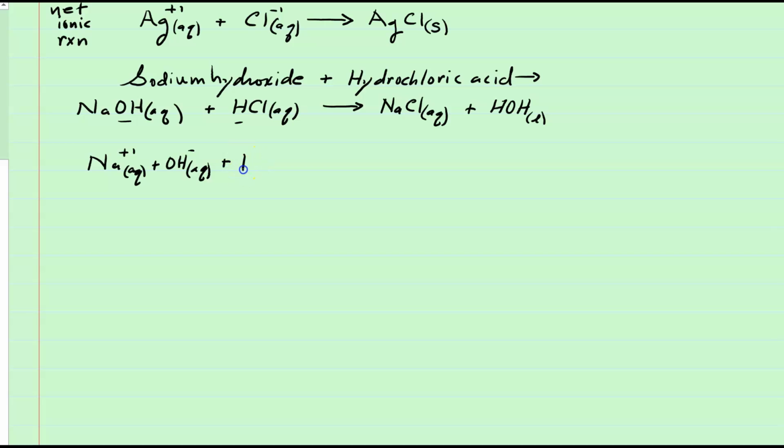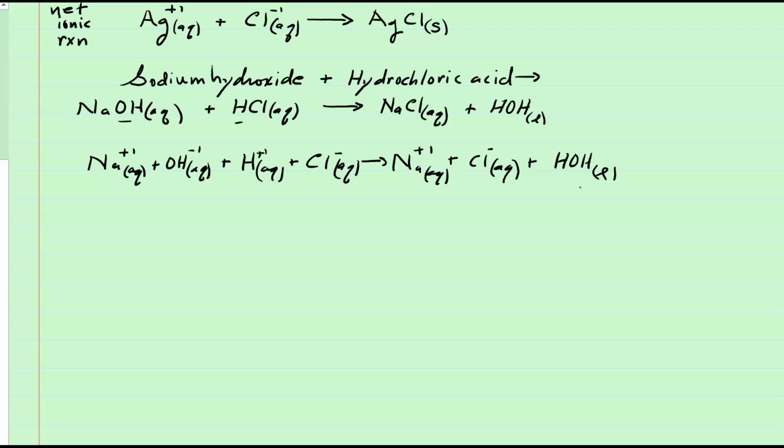If we add them to a solution of hydrogen ions and chloride ions, we're going to end up with a solution still of sodium ions plus chloride ions plus the molecular compound water, which is not ionic.